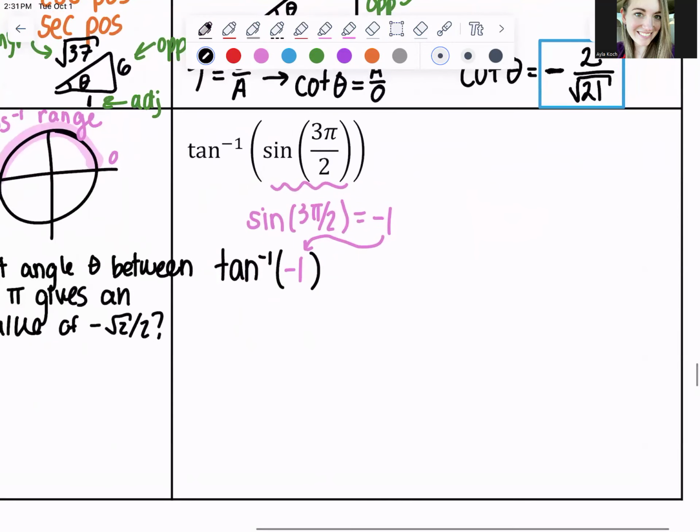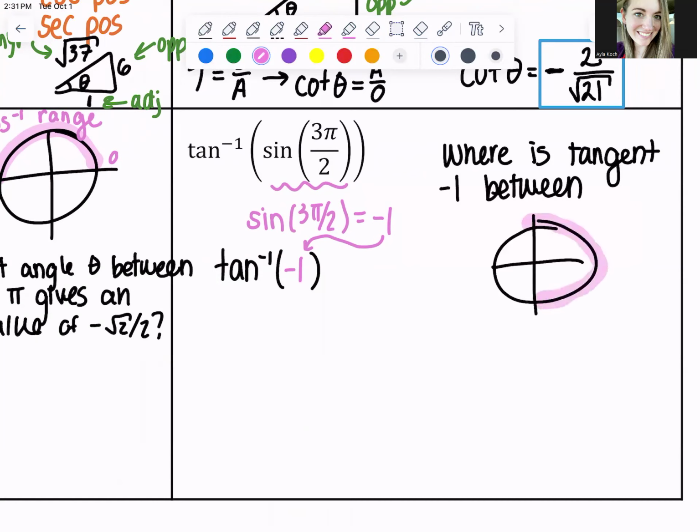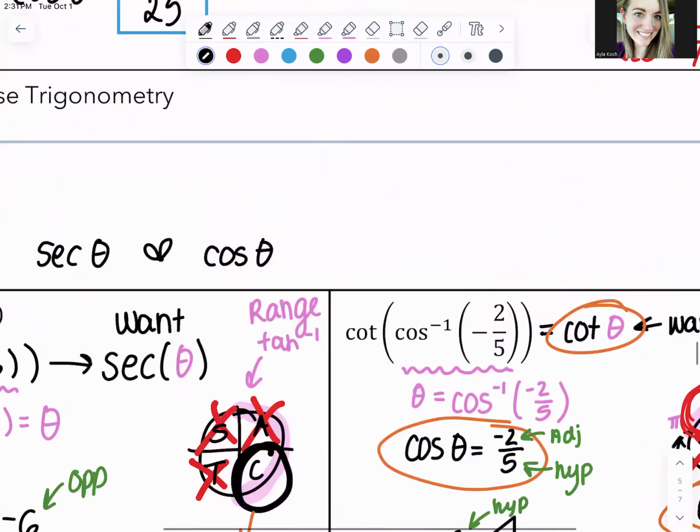Which is saying where is tangent negative 1 between, and for tangent, that's negative pi over 2 to pi over 2. So let's go back up to our tangent.